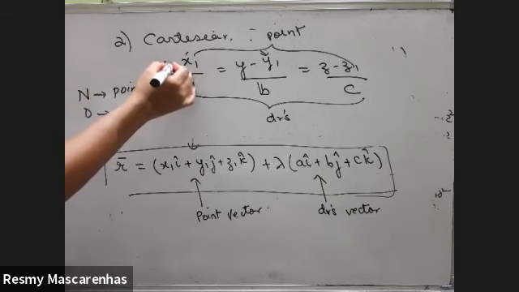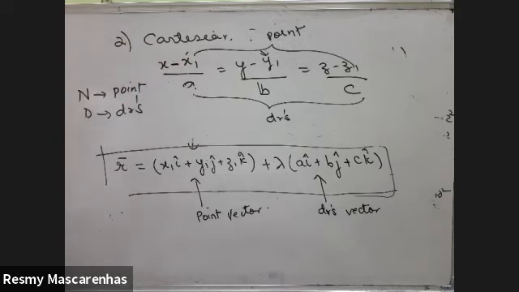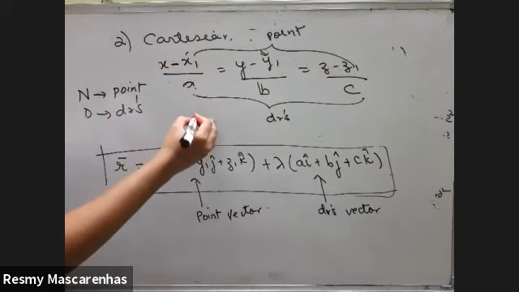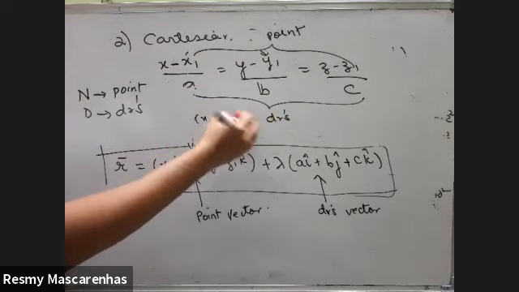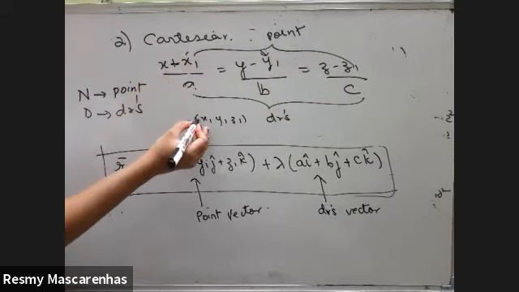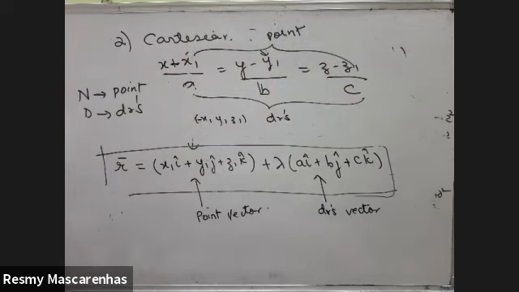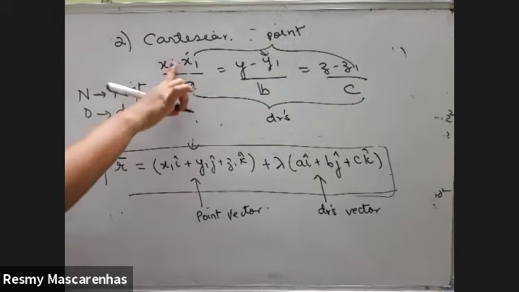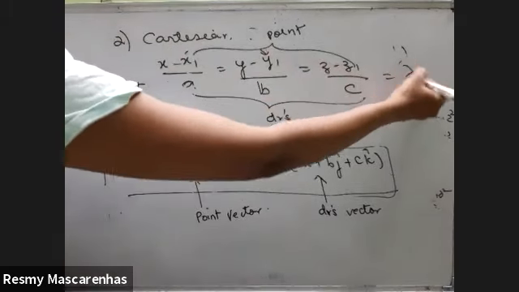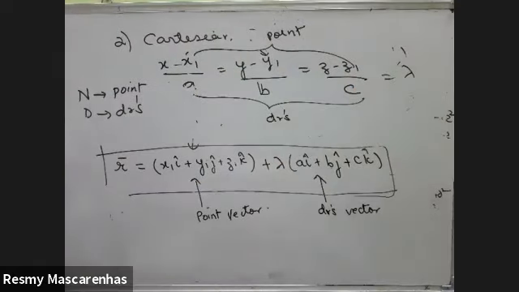If this was plus, then you have to take the opposite sign. Whenever it is by default minus, the point is x1, y1, z1. If this was plus, then this will become minus. This is equal to lambda; this can be written or may not be written, not required as such.